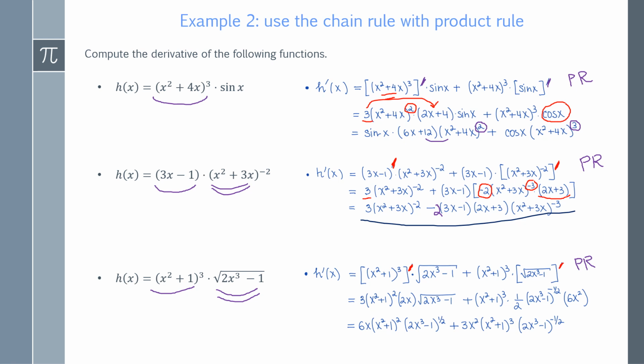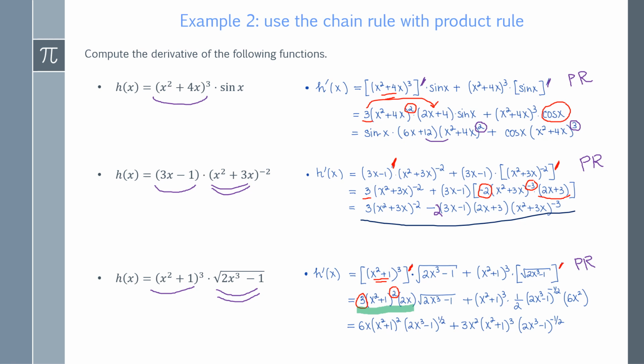So let's see, this would be 3 times (x squared plus 1) raised to the second power, times the derivative of the inside, which is 2x. So that would be the derivative of my first function right here: 3 times (x squared plus 1) squared times 2x.